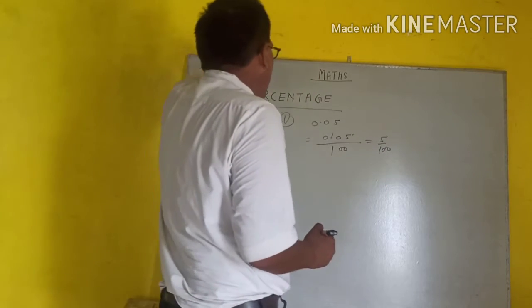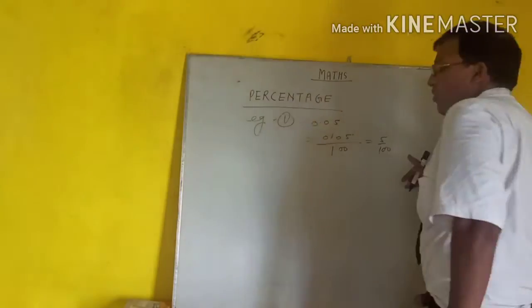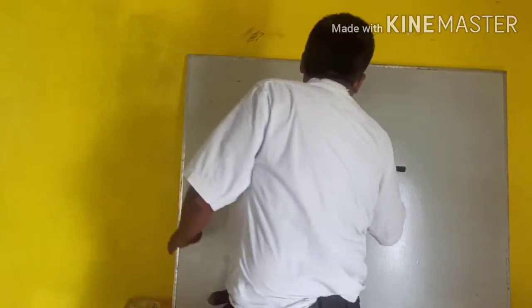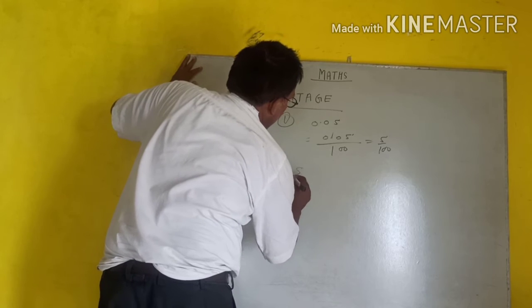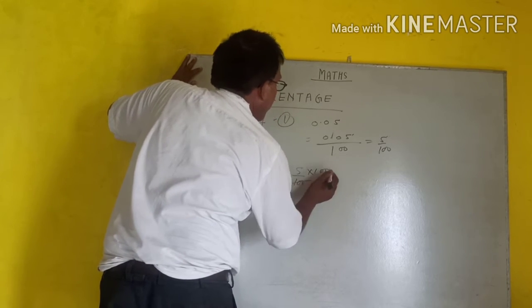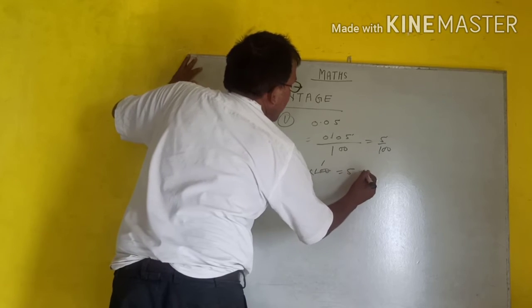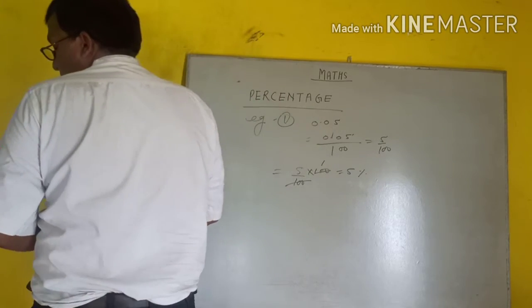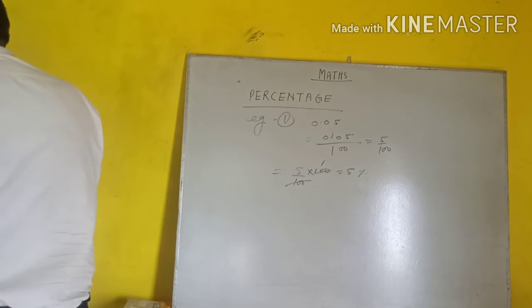Now multiply 5/100 by 100. Here 100 divided by 100 is 1, so it becomes 5%.